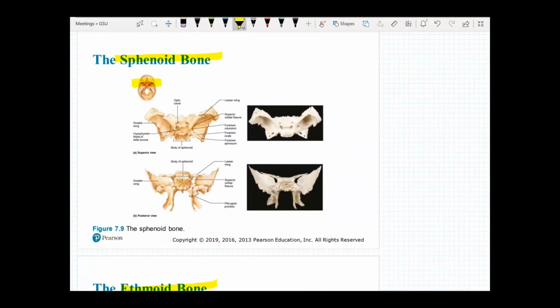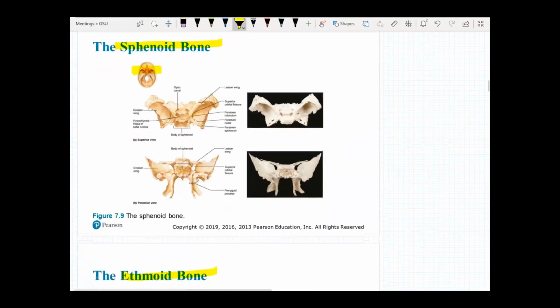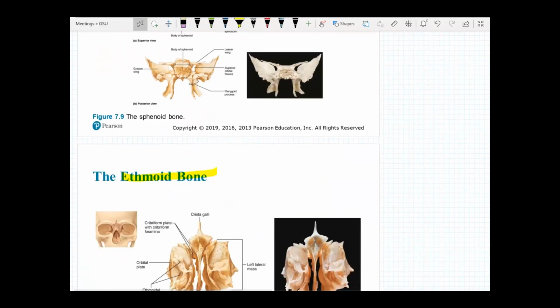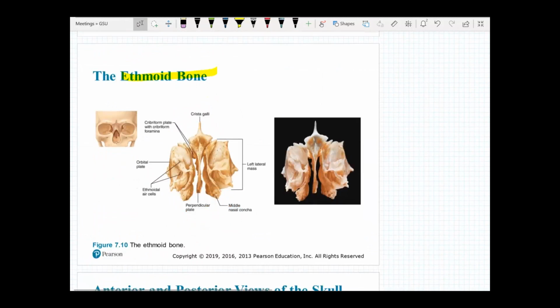That would be your sphenoid bone. It's right behind and underneath your nasal cavity, and it makes up the back part of your nose. Your ethmoid bone is right here. It makes up the back side of your nasal cavity, but it's also deep inside the skull.